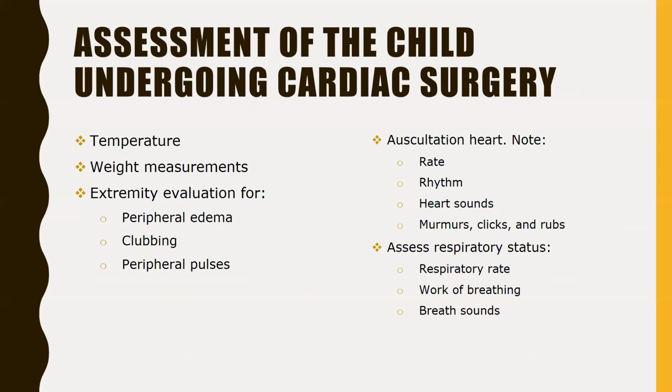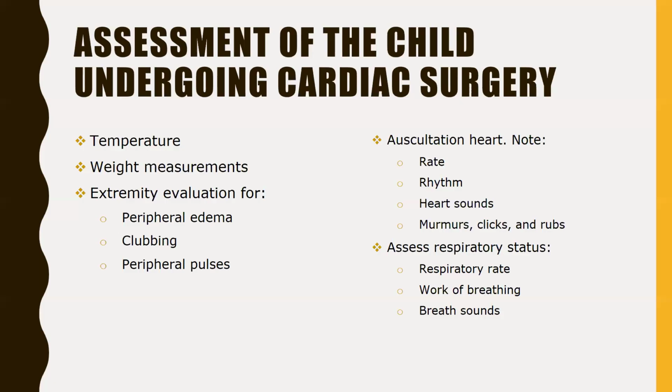So other things to think about assessment-wise, especially with a child undergoing cardiac surgery: we know about auscultating the heart and the respiratory status. We've got to get their temperature and vital signs, and their weight.